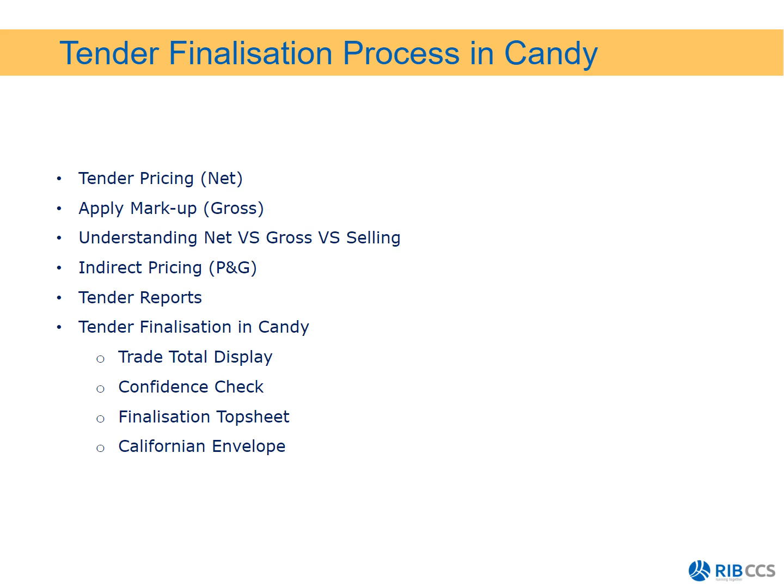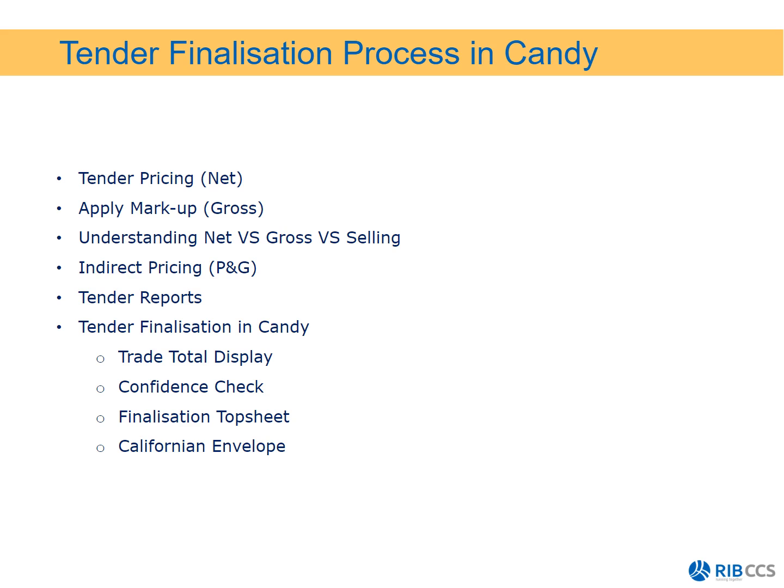So the steps in finalizing a tender in Candy is firstly to establish what your net rate is by pricing the tender using first principles. Once you've applied first principles in pricing, you're then going to apply markup to give you your gross rate. You then need to understand what the difference is between your net versus your gross versus your selling rate.